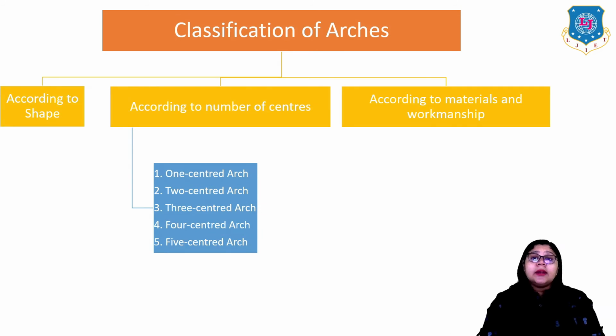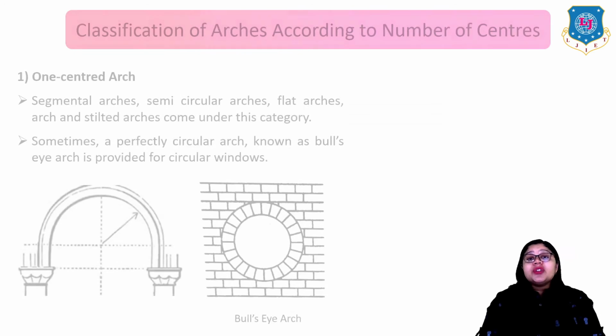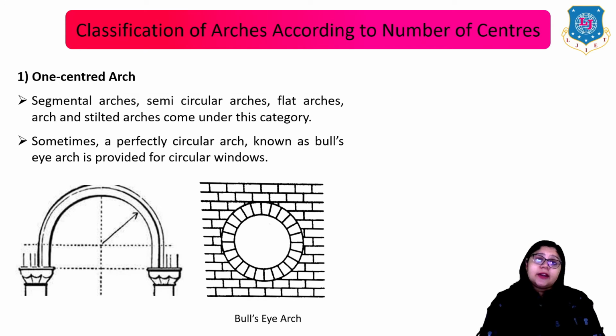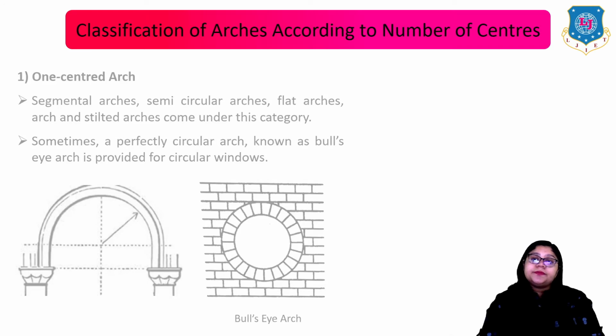Now let us understand the classification based on number of centers. There are 5 types, in which the first one is the one center arch. The segmental arches, semicircular arches, flat arches and the stilted arches come under this category. Sometimes a perfectly circular arch known as a bull's eye arch is provided for circular windows as shown in this figure.